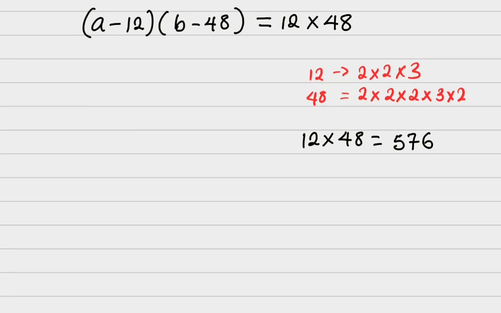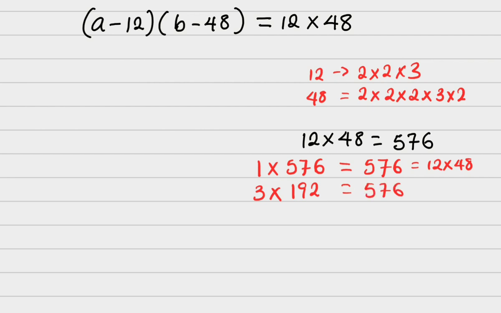The first is 1 times 576. My answer is 576, which is the same thing as 12 times 48. Then which other odd numbers do we have among the factors of both 12 and 48? I have 3. So 3 times what gives us 576? I think it's going to be 3 times 192. That will give me 576.